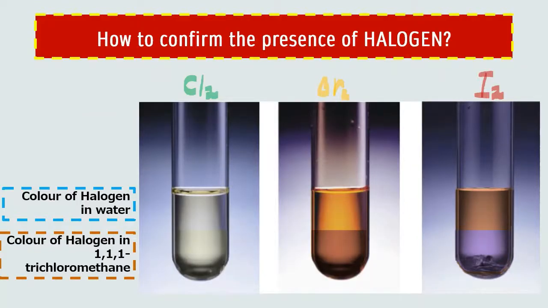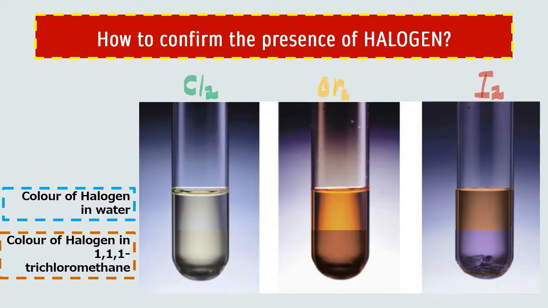In the discussion in the previous slide, I mentioned how to confirm the presence of halogen. We will need to add 1,1,1-trichloromethane as an indicator to detect the presence of halogen.